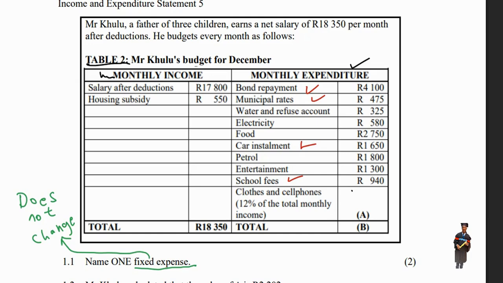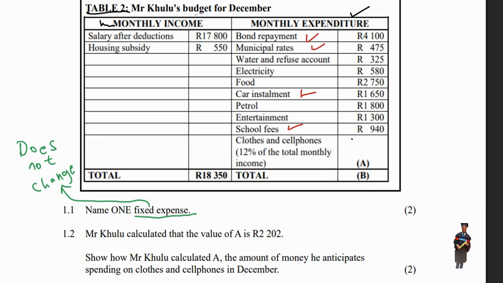Let's just choose car installment. I'm giving you a tip. Always go for something that is an installment if you seem to struggle understanding what fixed expenses are.